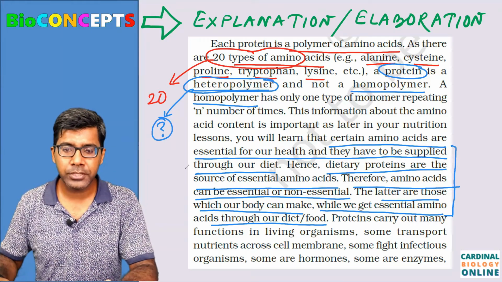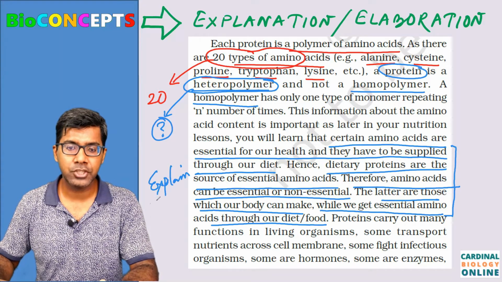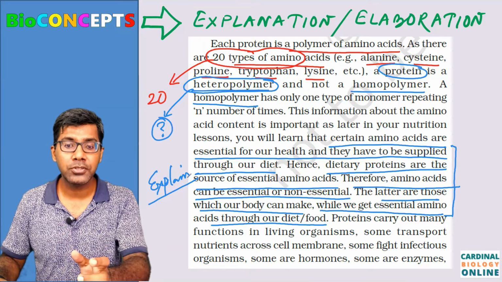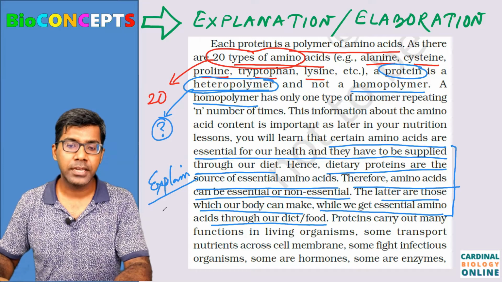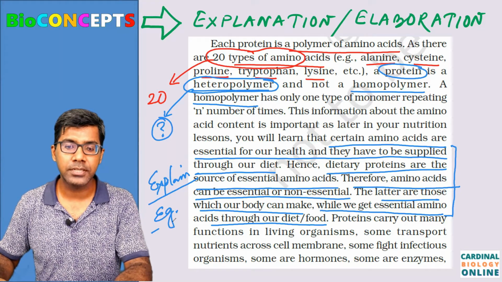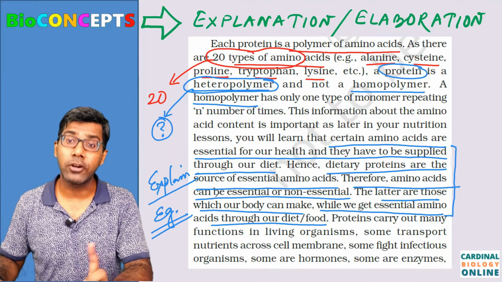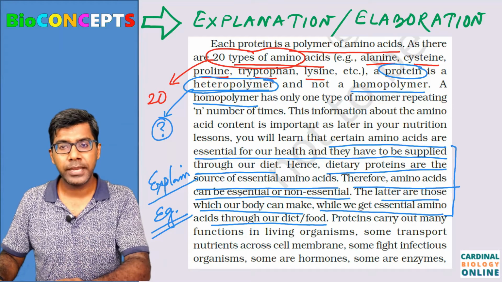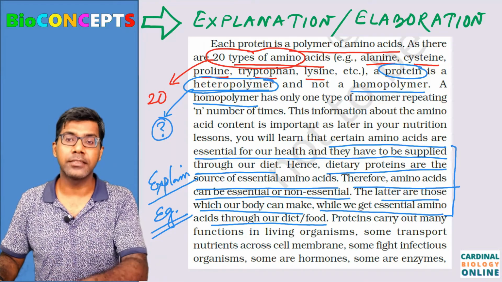So when you are going through this, you must explain these essential and non-essential amino acids while you are preparing your short notes, and obviously along with that you have to consider examples of essential and non-essential amino acids also. So this is another example of how you can explain or elaborate the information given in the NCERT.